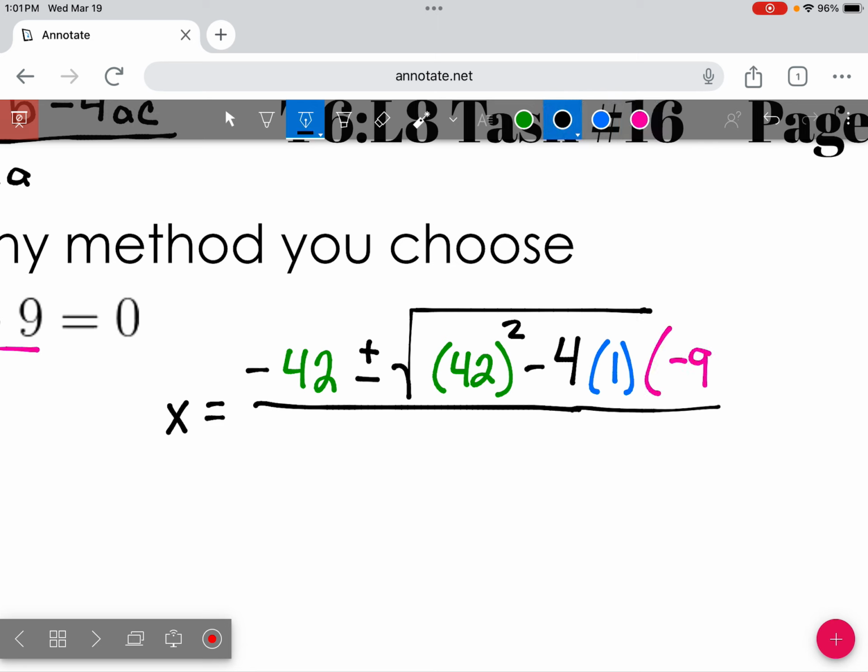Don't lose track of that sign. All over 2 times our A, which was the 1. So it looks a lot like that, and then it's a mess.